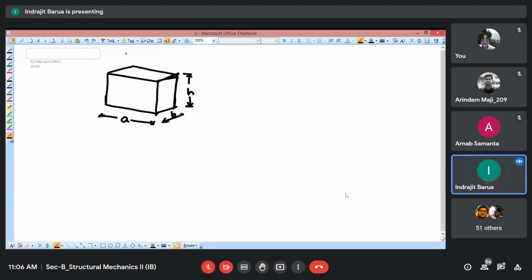With respect to the loading, with respect to the SFD, at the support we get an SFD load like this. Let's say this is one of my shear forces. With respect to that, I will get shear stress. Obviously, you know how to calculate that.